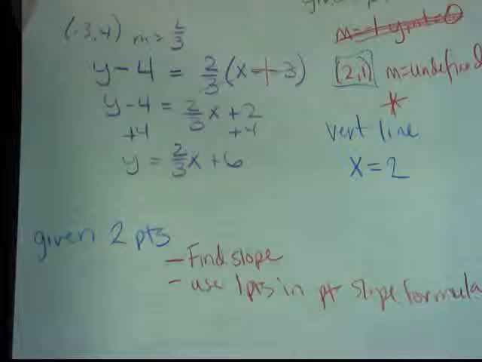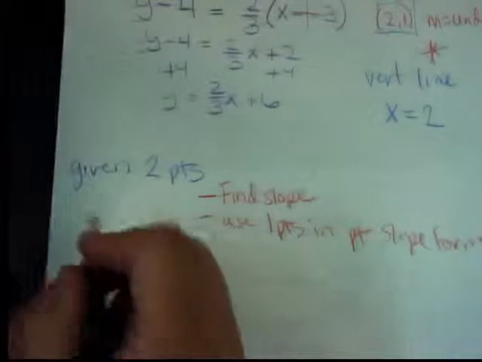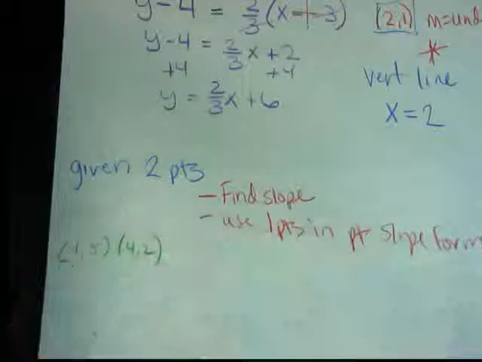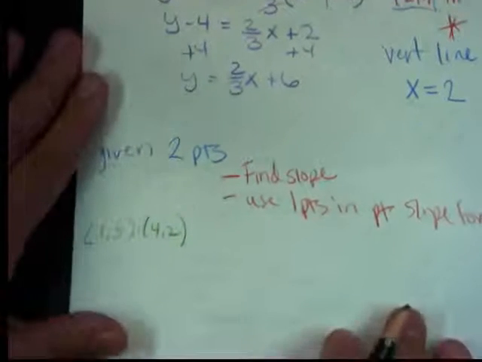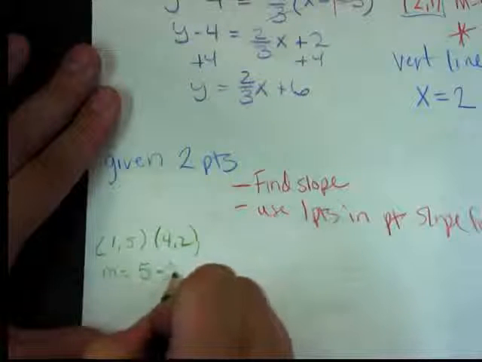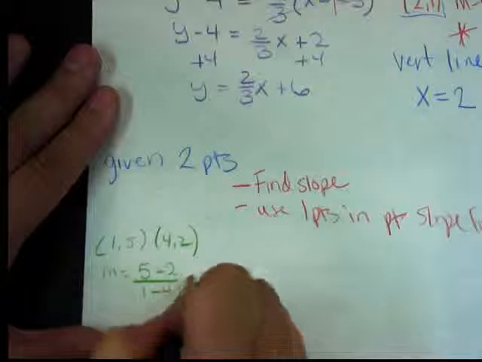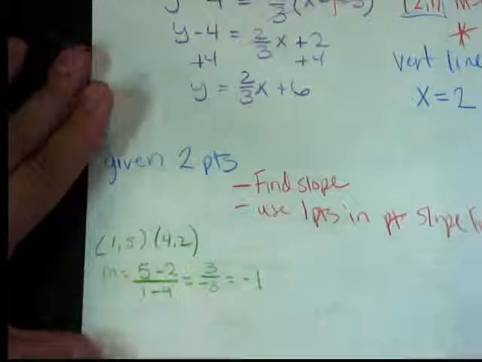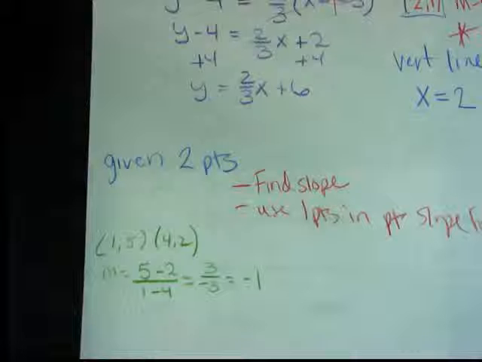All right, here's 2 points: (1, 5) and (4, 2). To find the slope, we use our slope formula, which is y minus y over x minus x. So we get 3 over -3, which gives me a -1.